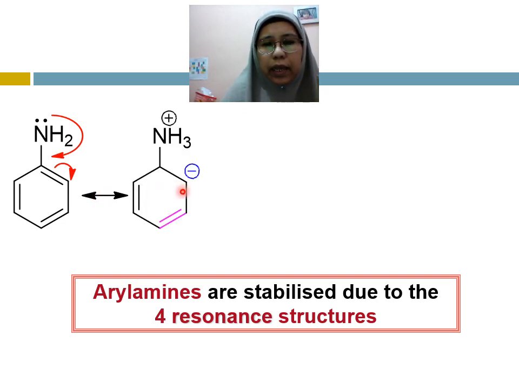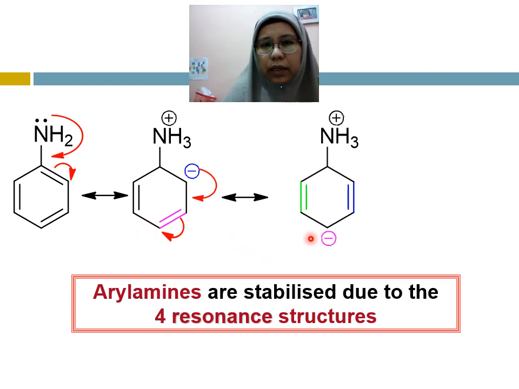And then the negative charge here will make the double bond become single, like this, and it will move so that the double bond becomes at the opposite side of the benzene ring, like this.